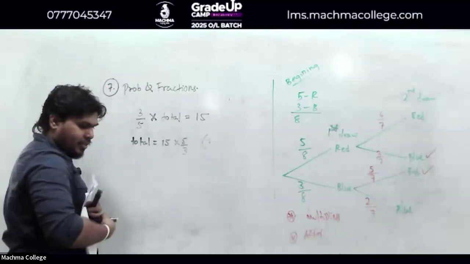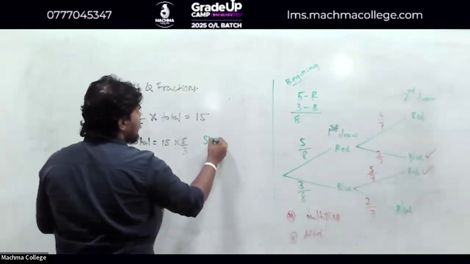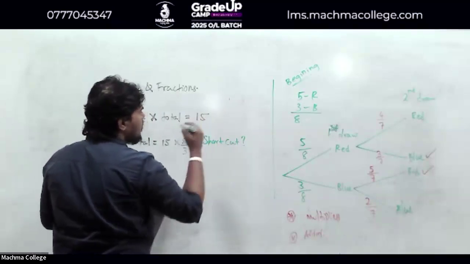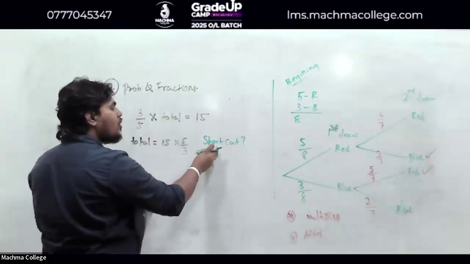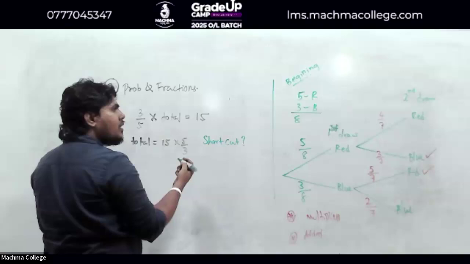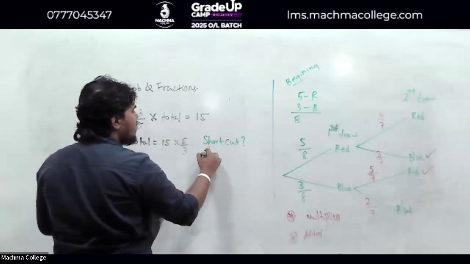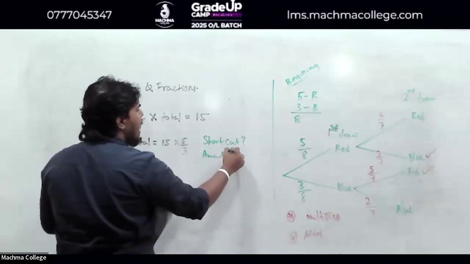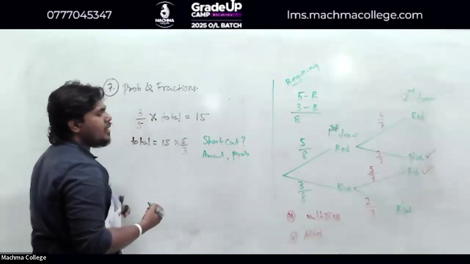What is the shortcut? If you know the amount and the probability, and you want to calculate the total, the amount is given and the corresponding probability is also possible to calculate.